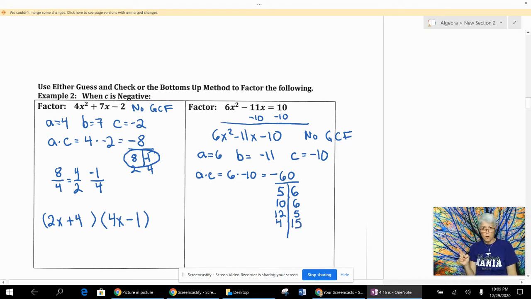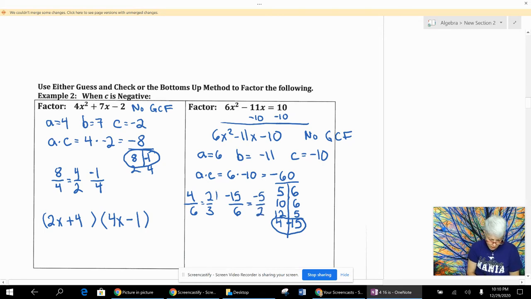Okay, that's going to work if I put a negative in front of the 15. 4 plus negative 15 is negative 11. That's what I'm trying to get to, the B. So I'm going to do my 4 and my negative 15, divide them by my A, which is 6 and 6. I can simplify both of these. So 2 over 3, negative 5 over 2.